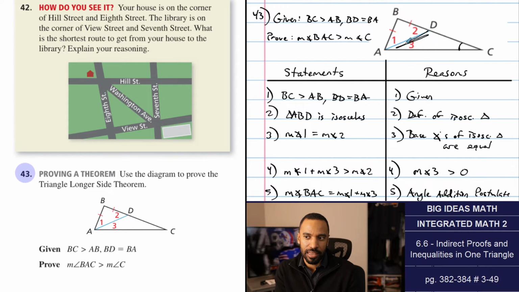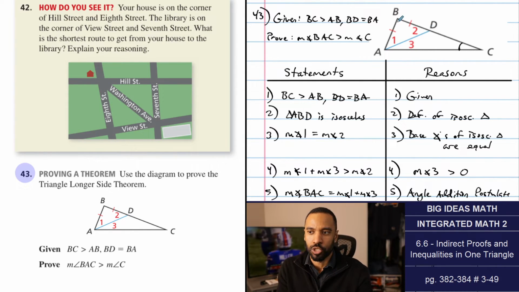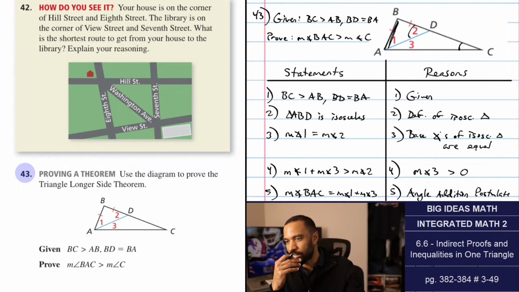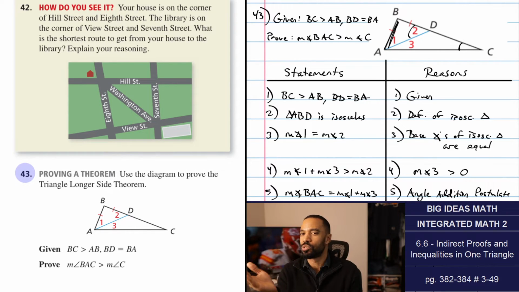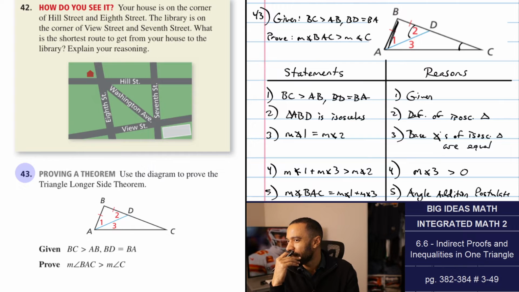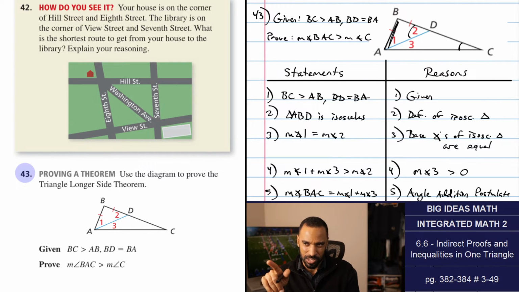In 2, this side opposite is bigger, and in C, it's in a bigger triangle that's longer than it. This is something I can deduce talking to you verbally. I'm trying to think how I can say that I know for sure that measure of angle C is less than measure of angle 2. How can I say that in a single statement? I don't know if I can.